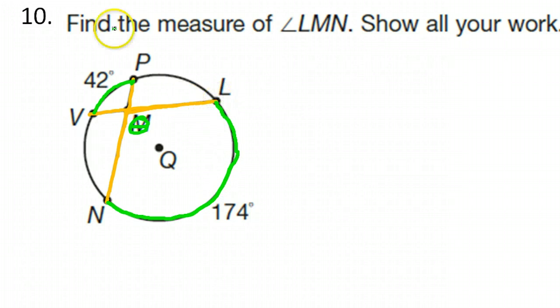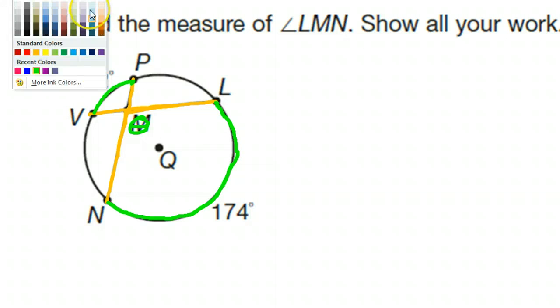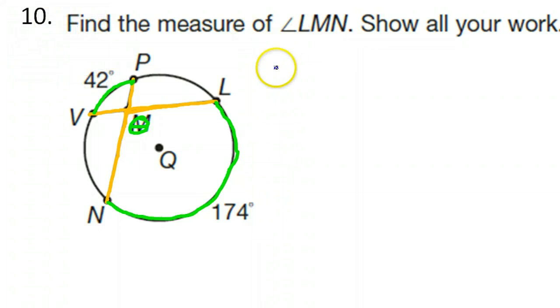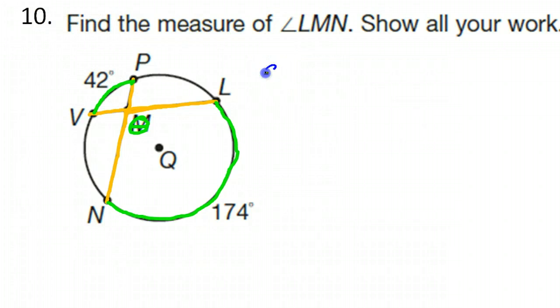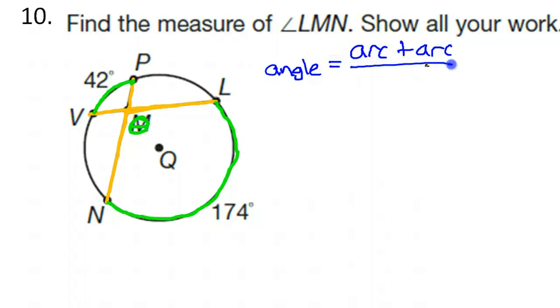Okay, so the relationship is the following. It goes like this. Angle is equal to arc plus arc divided by 2. Basically, the angle is the average of the two arcs. So the angle is the thing that we're trying to find, so that's perfect.